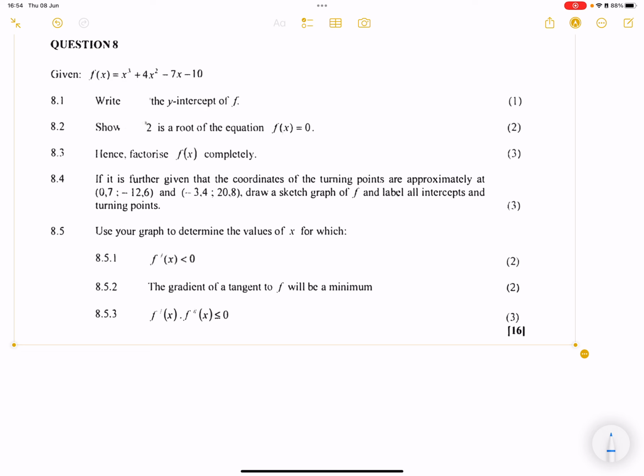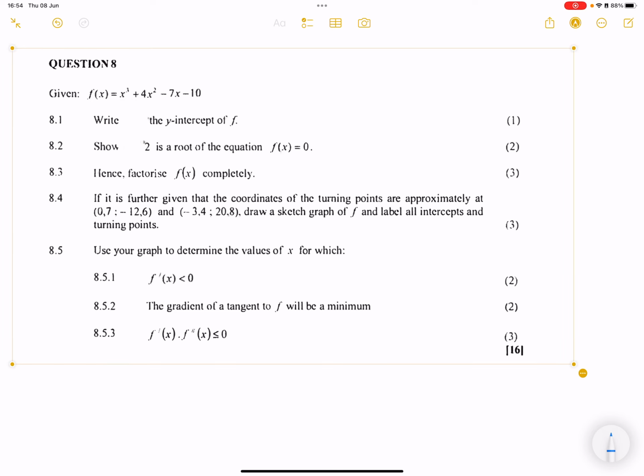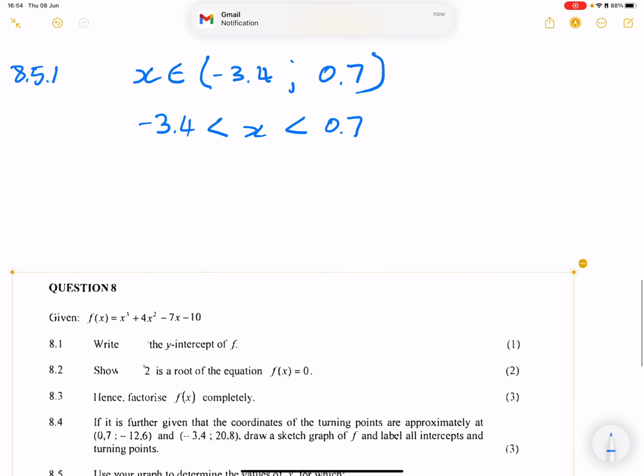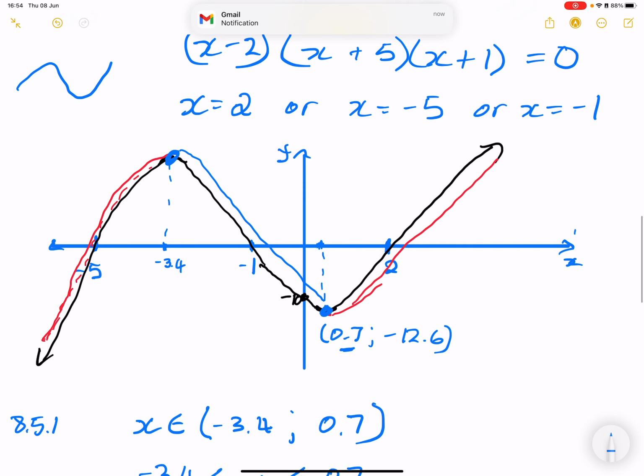In this case, remember, a tangent is a line that touches the graph once. So where will we have a minimum gradient in this case? I want you to note that the gradient, of course, is positive all the way, right?